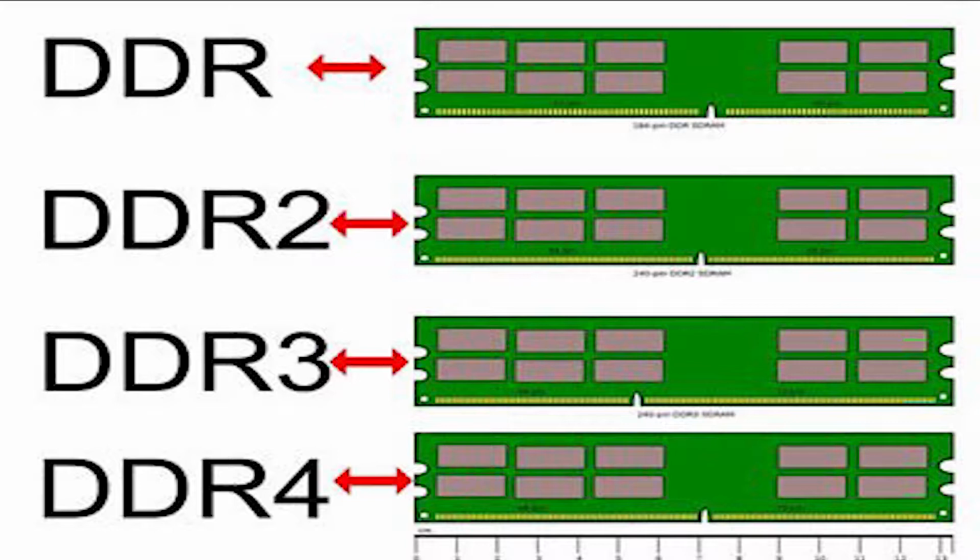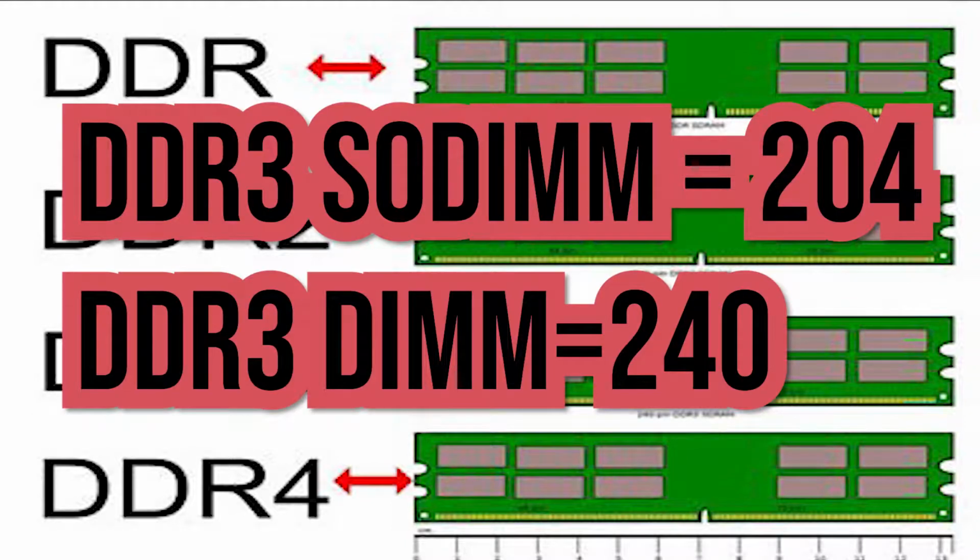A key notch located differently in DDR2 and DDR3 DIMMs prevents accidental interchanging of them. Not only are they keyed differently, but DDR2 has rounded notches on the side and DDR3 modules have square notches on the side. DDR3 SODIMMs have only 204 pins because they are smaller in size.